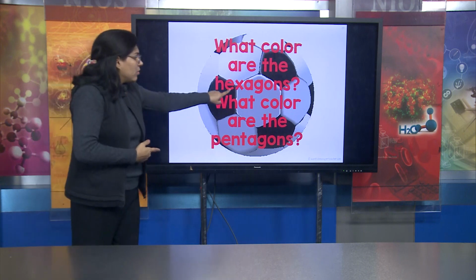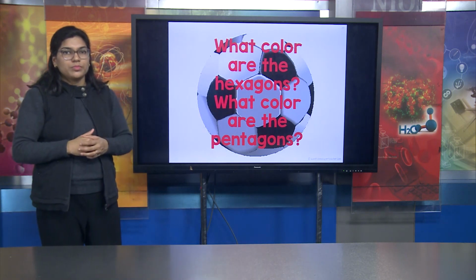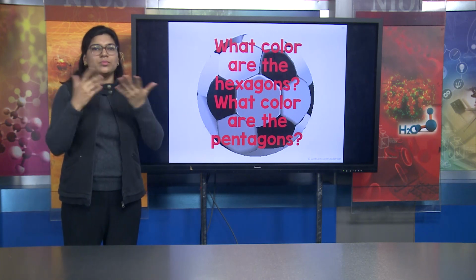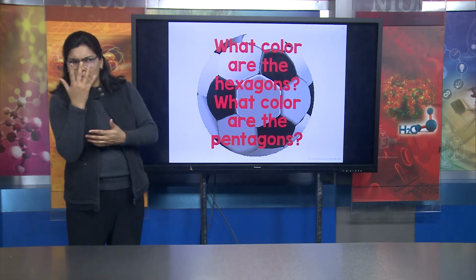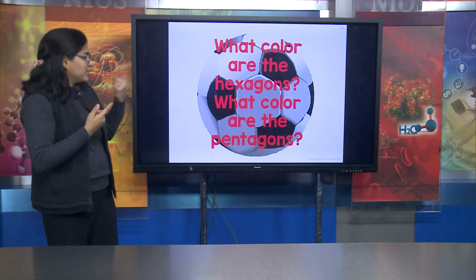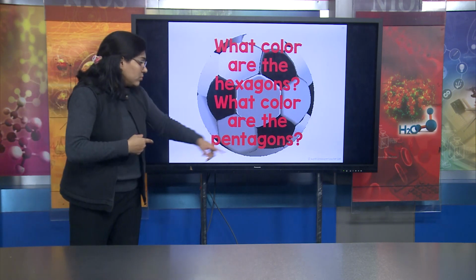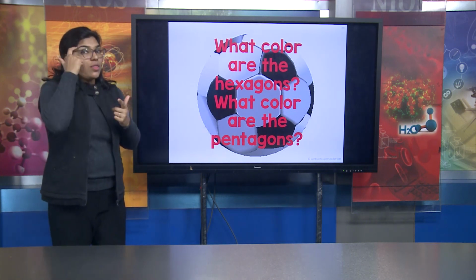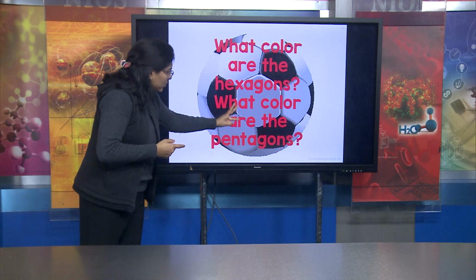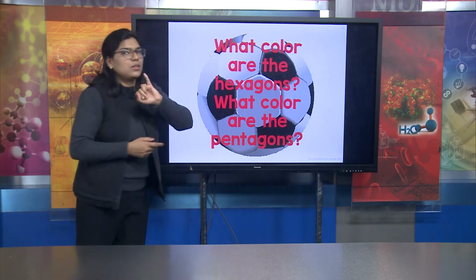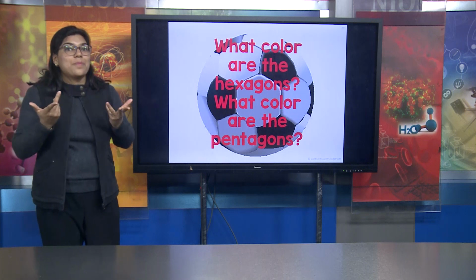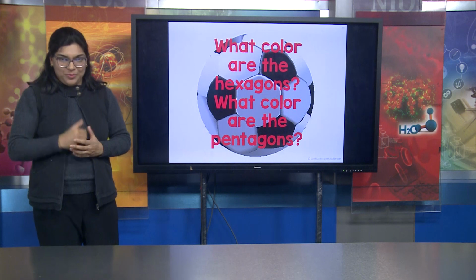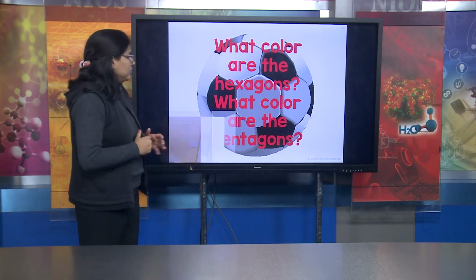See, what color are the hexagons? You know, a hexagon has how many lines? 3, 4, 5. What do you think? And also the pentagon. The black color image, how many lines are there? You have to count the lines and accordingly name the image. If the image has 5 lines, the 6th line. So let us move further.